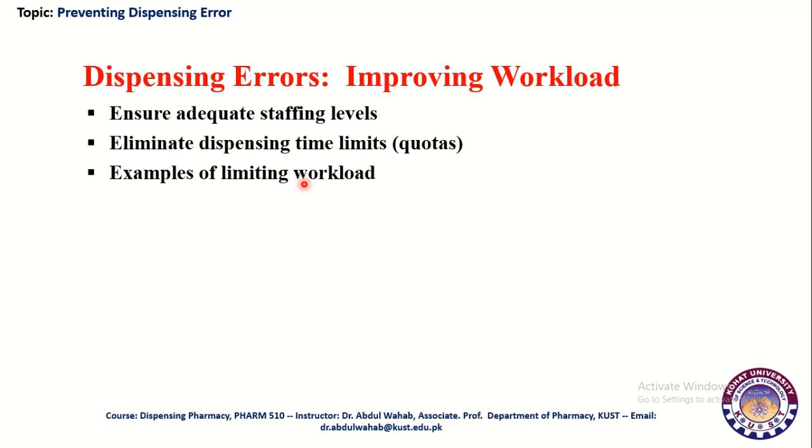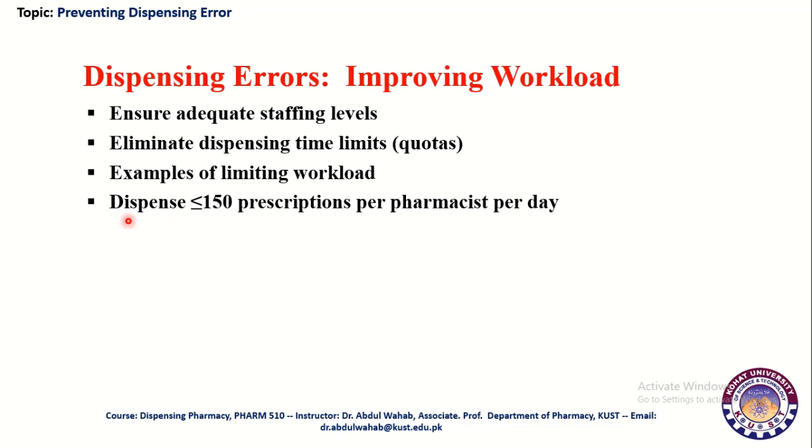Example of limiting workload: dispense less than 150 prescriptions per pharmacist per day, and the limit should not be exceeded. If we want to improve the workload, one pharmacist must dispense 150 or fewer prescriptions per day.